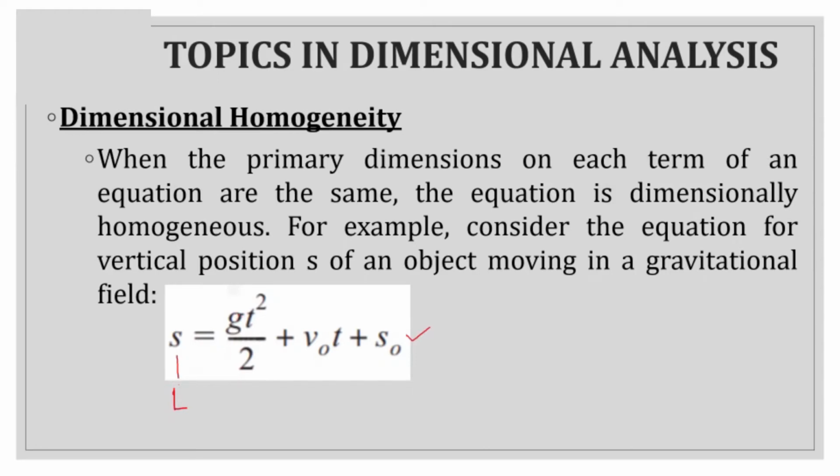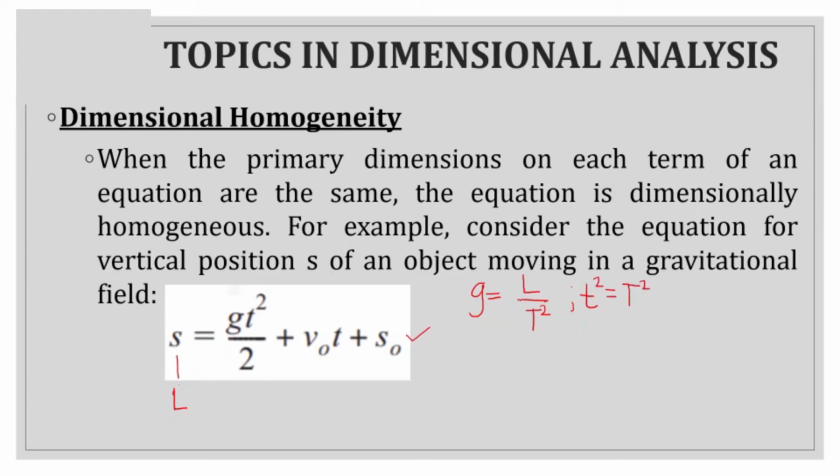Then g. We all know that g has a dimension of length over time squared. Then for time, since that is time squared, we denote that as T squared.